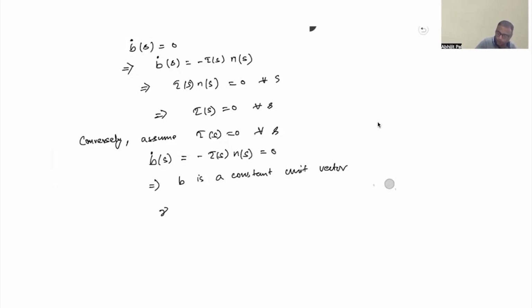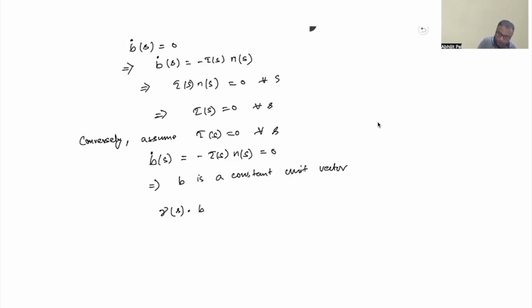So you take this dot product. Gamma(s) is a point in R3, it is a vector. Take the dot product with the vector B. If it is constant, then this gamma will lie in a plane.